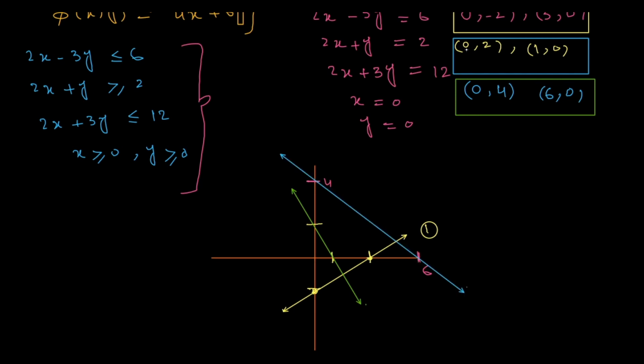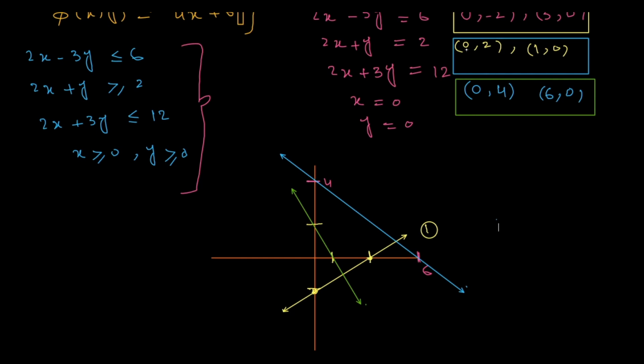Yes, correct. So once again, if we check, our solution region, the feasible region, is the first quadrant only. If it is the first quadrant, now we check what our points are.